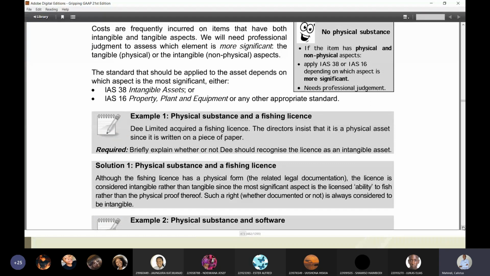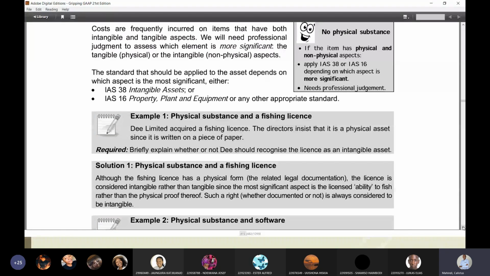All right. So just because it's written on a piece of paper, the piece of paper is not a tangible asset. But the intangible asset is the right to fish. And that right to fish has the potential to produce economic benefits.